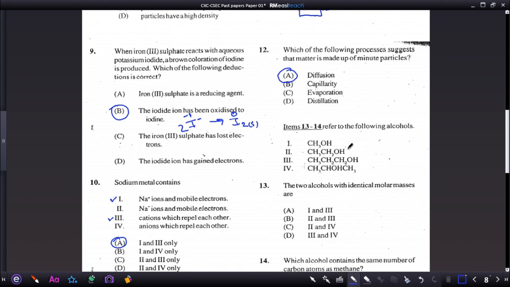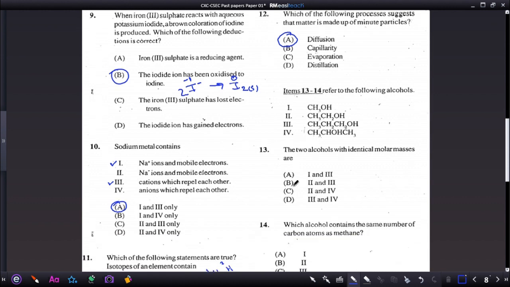Items 13 to 14 refer to the following alcohols. We have methanol here. We have ethanol, propan-1-ol, and this seems as if it is propan-2-ol.